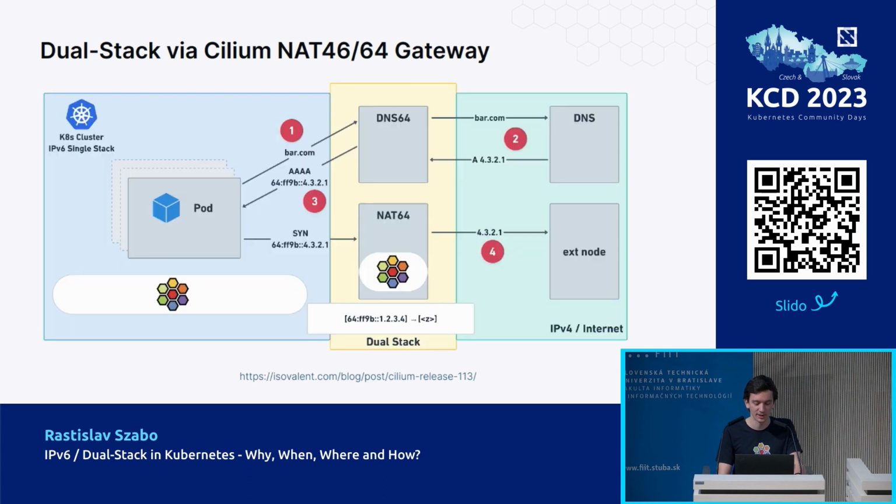You can take a look at the release notes if you are interested in more details. But essentially, it allows you to have a single stack cluster and have a NAT gateway in front of it, which would allow you to also serve the traffic for the other address family.